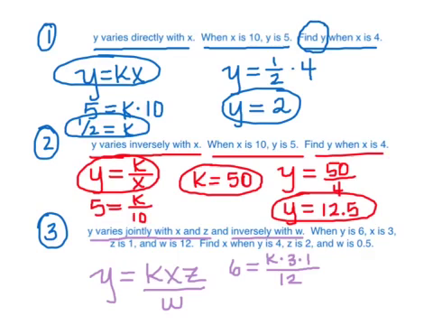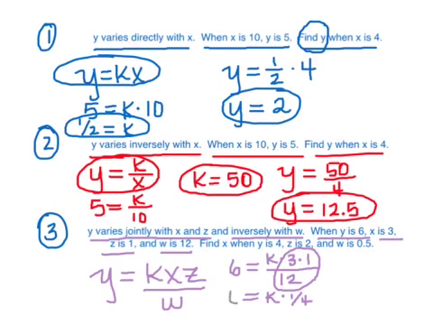So let's see what we know. When y is 6, x is 3, z is 1, and w is 12. I put each number in the right spot to replace the letter. K is the only thing we don't know. This is k times 3 times 1 over 12, which gives 1/4 reduced.